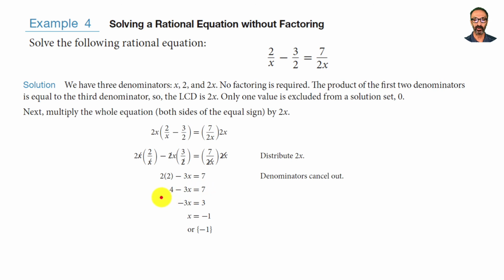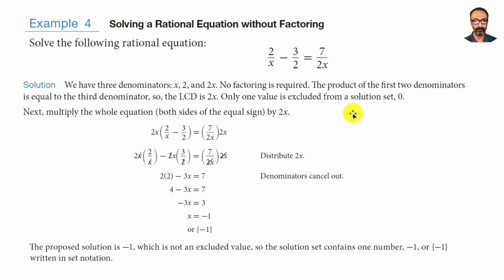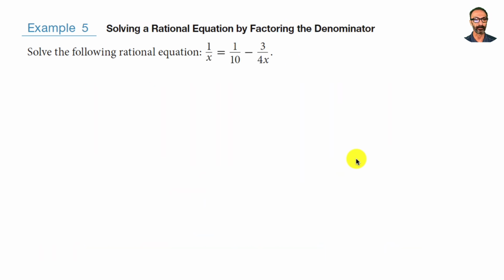Subtract 4 from both sides, and I get minus 3x equals 3. Divide by negative 3, I get x equals negative 1, and that should be fine. Okay, it's not 0. It's not forcing the denominators to be 0, so we should be fine. And that just confirms that the solution set is negative 1.